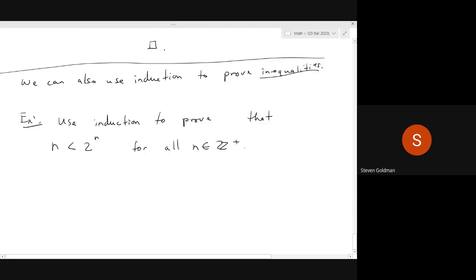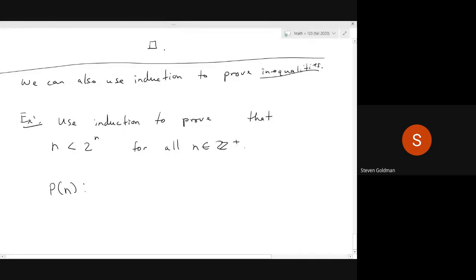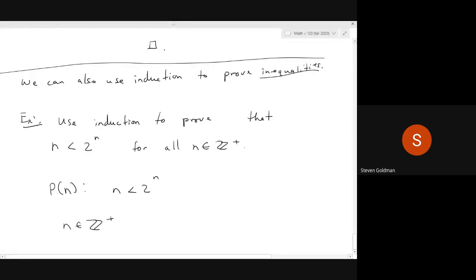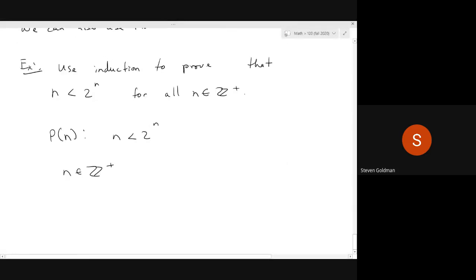All right, so again, let's start by writing down what P of n is, the statement we want to prove. We want to prove the inequality. So P of n is the inequality that n is less than 2 to the n, and the domain is the set of positive integers. So again, the smallest positive integer is 1.